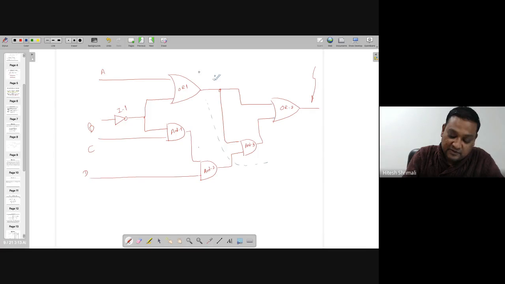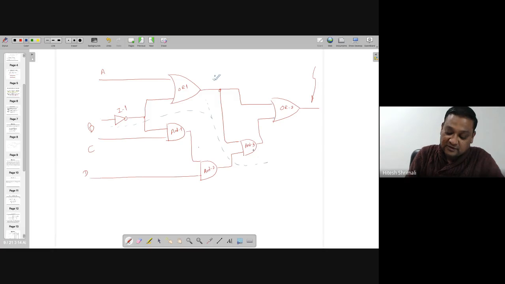Look, the output of this one is 1 when either of these two is 1, right? So it's depending on these two for sure. You cannot avoid any one of them. There might be all four conditions: 0 0, 0 1, 1 0, and 1 1. For all four conditions, this is important. So this is also important. You can't avoid it.